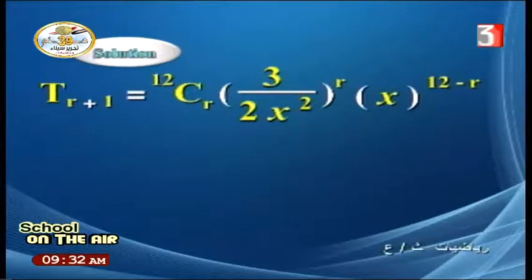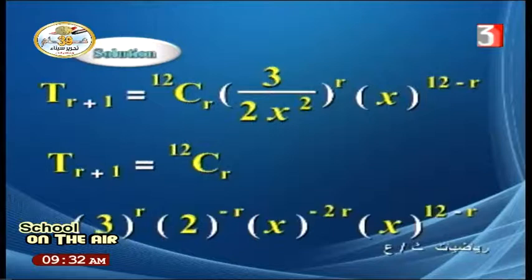By separation, we can write 12Cr multiplied by 3 power r, 2 power negative r, x power negative 2r, times x power 12 minus r.